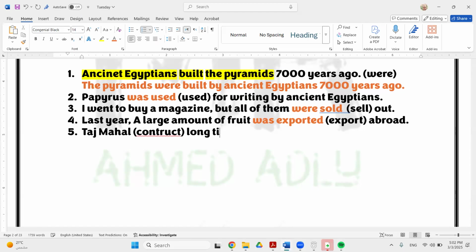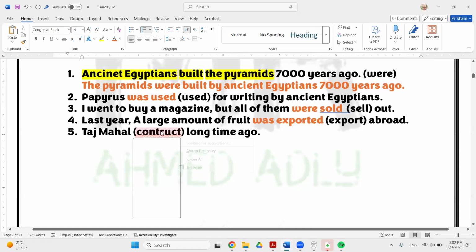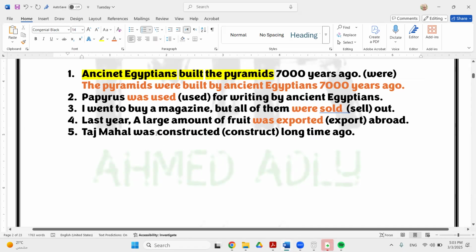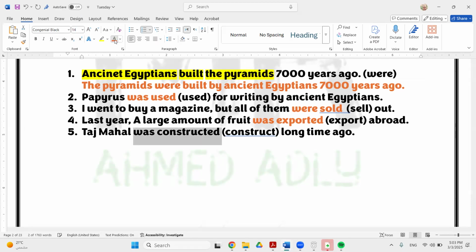Say it, Rimas. I'm gonna say Taj Mahal was constructed long time ago. We use verb to be, was and were, with the past participle.